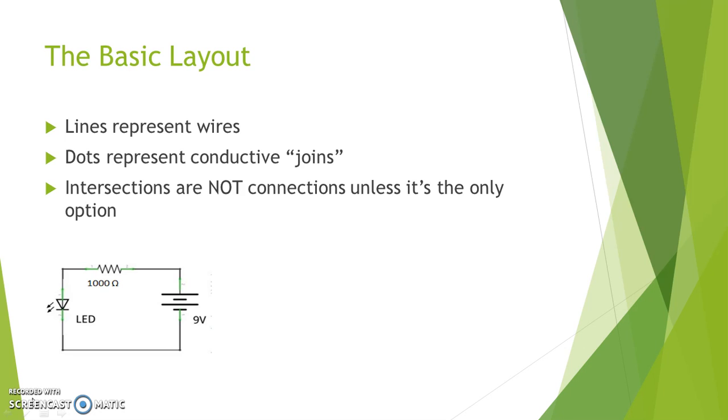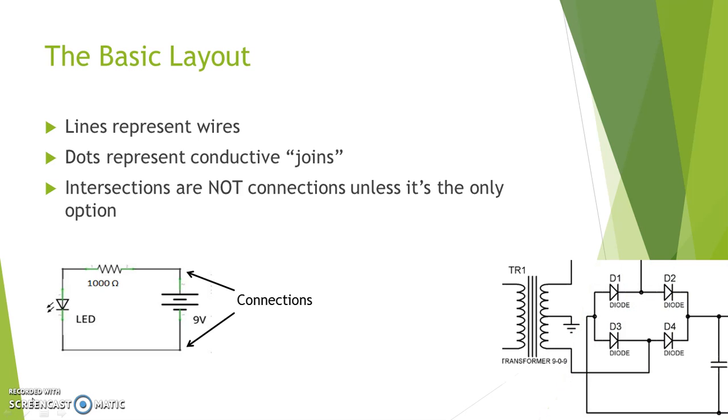So there aren't any dots in this circuit representing solder, but we don't really need them because it's obvious that the lines are not intended to go off into nowhere and that this is a circuit, so we don't bother putting in our dots in the corners. To be clear, these corners are connections between the wires.